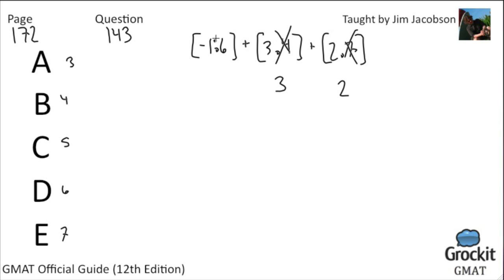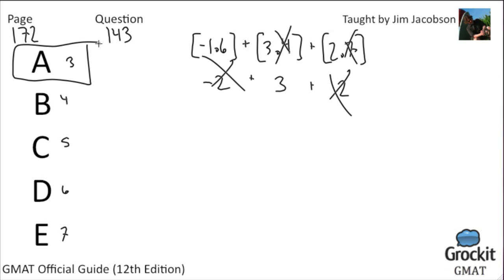So this one actually, rather than chopping off the decimal, we need to go up to the next highest number to get the smaller number. Negative numbers are smaller the bigger the number is. Negative 3 is less than negative 2, and in this case, negative 2 is less than negative 1.6. So the three of these together, the 2's cancel out. 2 and negative 2, we are left with 3. Answer choice A.